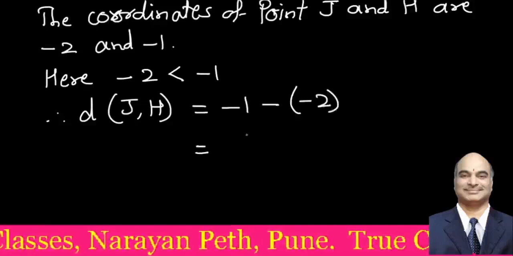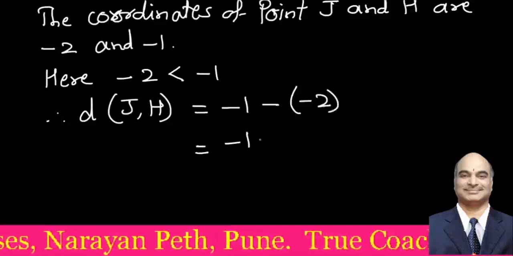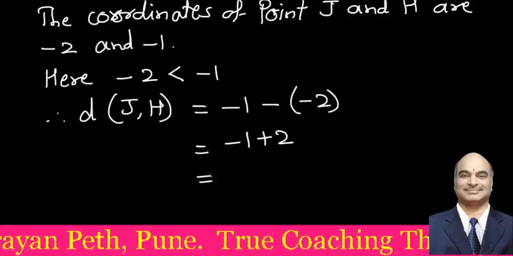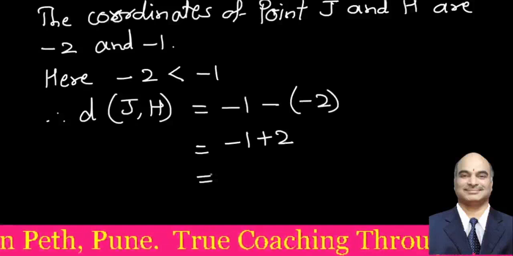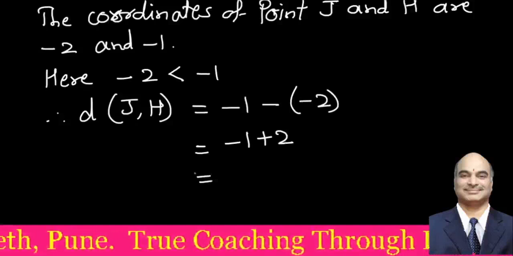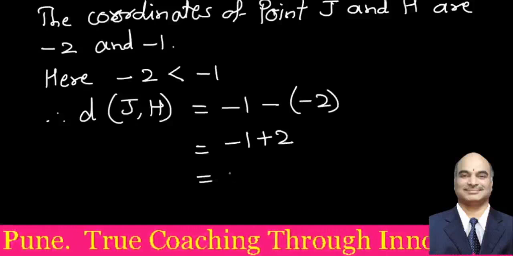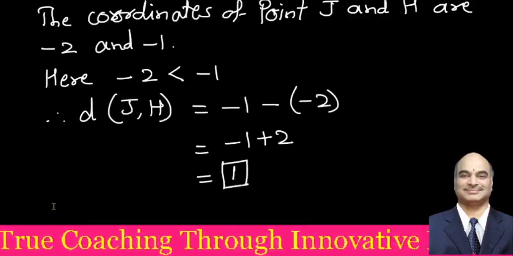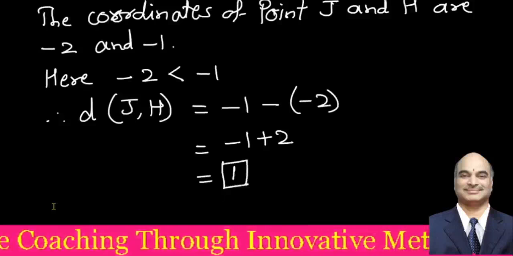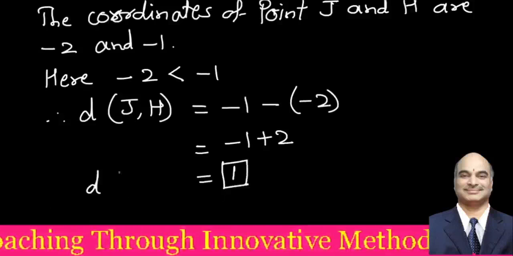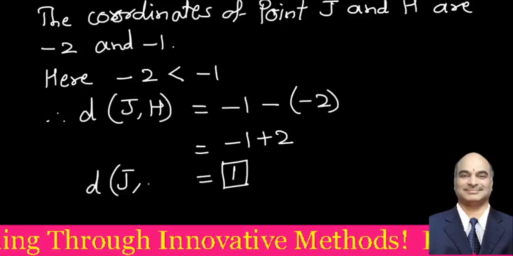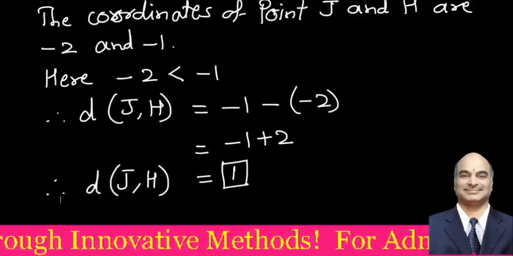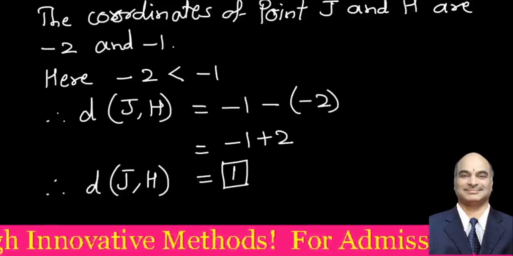So we put it in brackets. So -1 minus (-2) becomes -1 plus 2. Again, different signs, so we subtract 2 and 1. We get answer 1, and the sign of 2, which is positive, is greater. So 1 is the answer. So the distance between points J and H is equal to 1. Did you get this point?